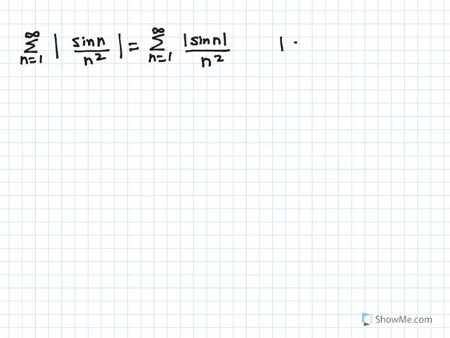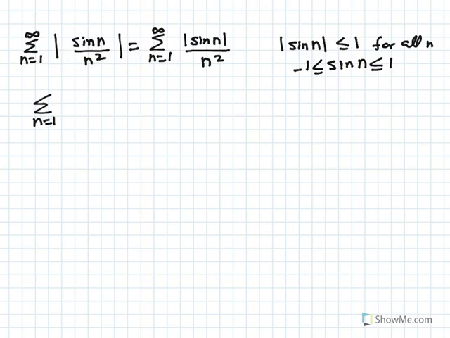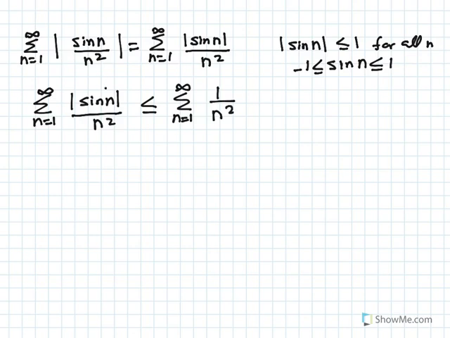We know that the absolute value of sine n is less than or equal to 1 for all n, because sine n is less than or equal to 1 and greater than or equal to negative 1. So this summation is less than or equal to the summation n equals 1 to infinity of 1 divided by n squared.